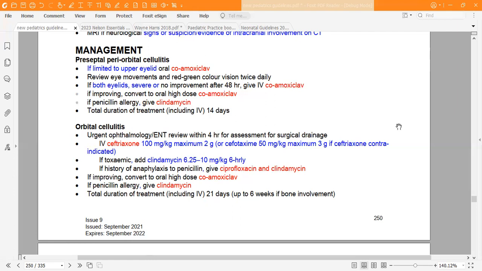If toxemic, add clindamycin. If the child looks very toxic, on top of IV ceftriaxone or IV cefotaxime, we add clindamycin. If history of anaphylaxis to penicillin, give ciprofloxacin and clindamycin.